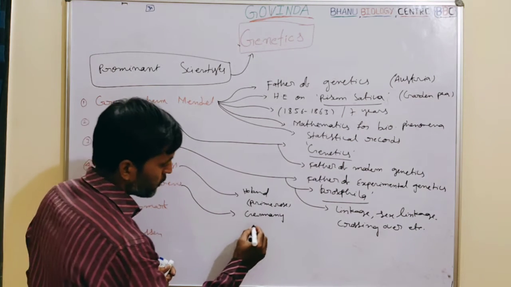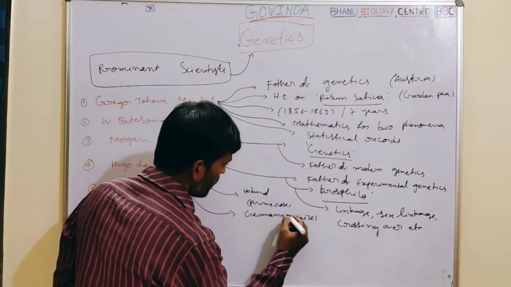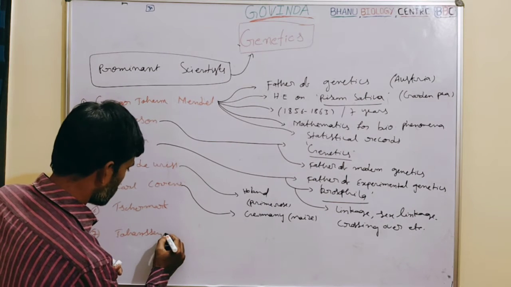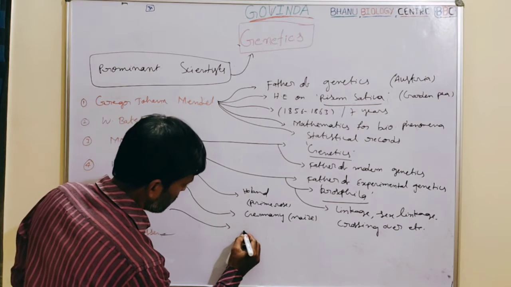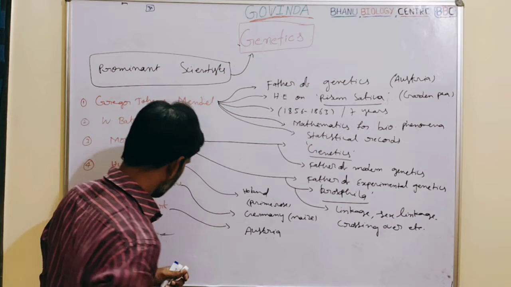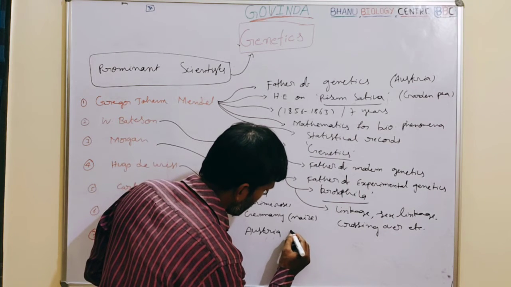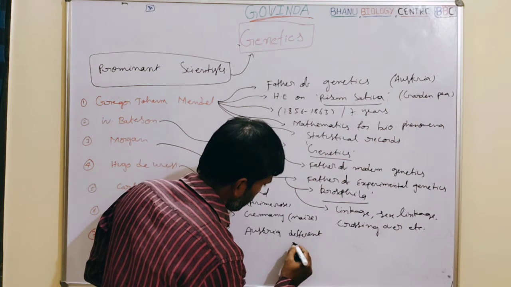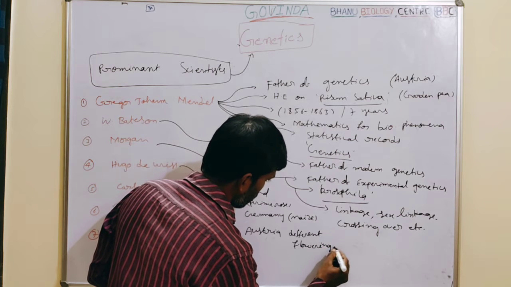He did several experiments on maize. The other person, Tschermak, belongs to Austria. He did many experiments on different flowering plants.